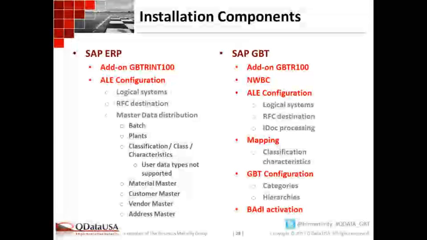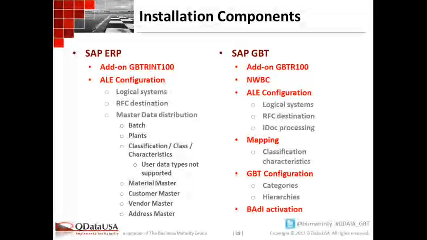From an installation perspective, there are 2 components to it, one on the ECC side and obviously then on the GBT side. On the ECC, you need to install the add-on for the GBT integration, and then you need to do the ALE configuration. So if you don't know what ALE is, Application Link Enabling, it's the integration between 2 SAP systems.